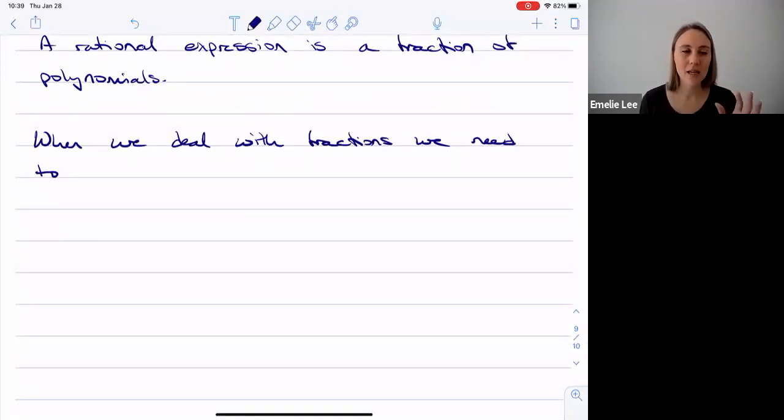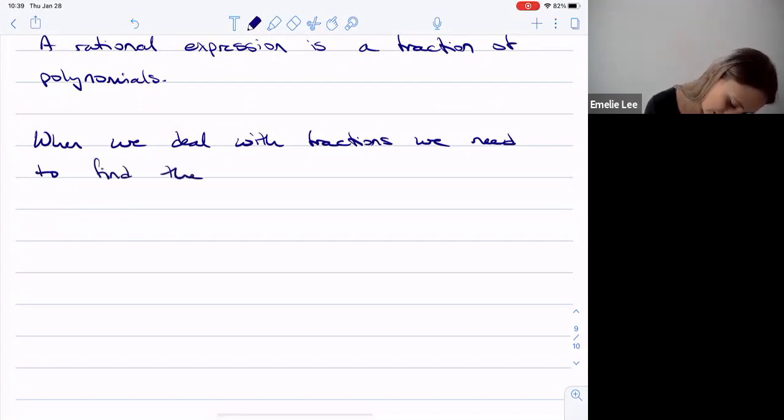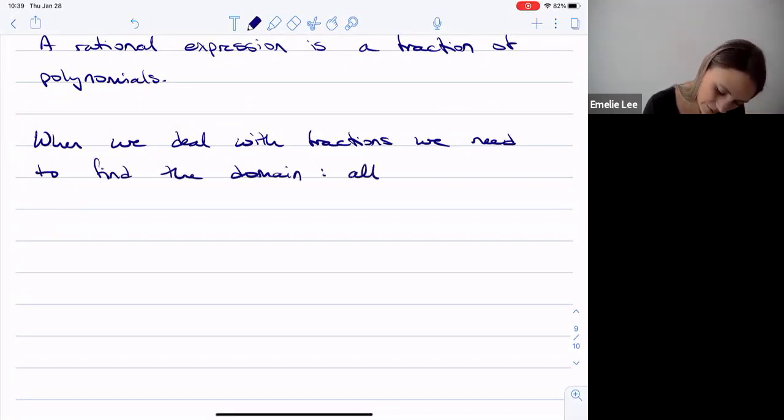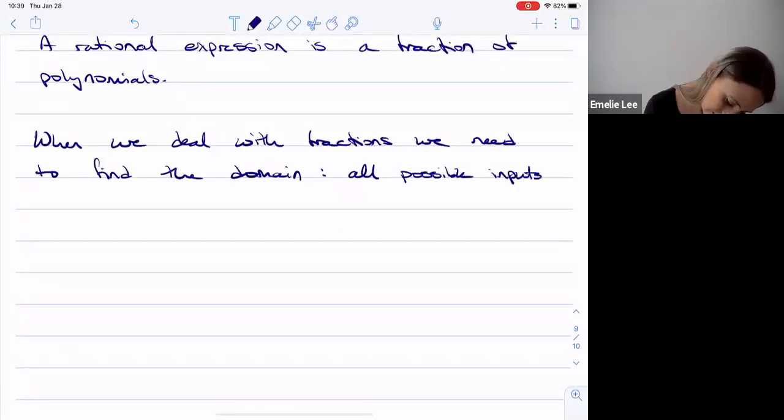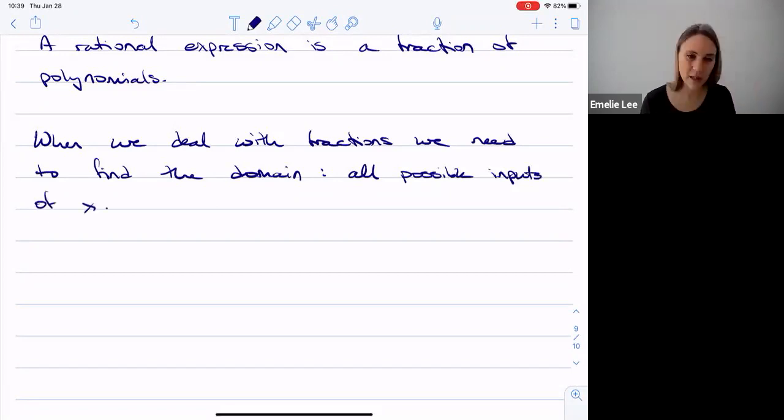Now the domain are all the valid inputs of x, right? So we need to find the domain, which is all possible inputs of x, right? So it's all possible values of x. And I'll highlight this because that's going to be important, right?